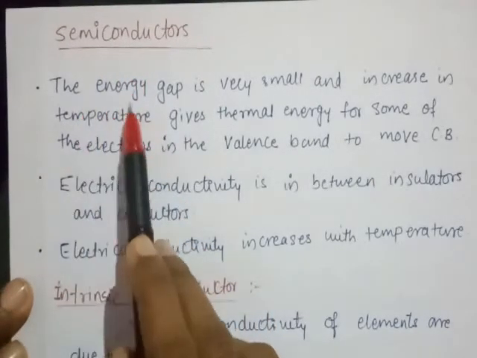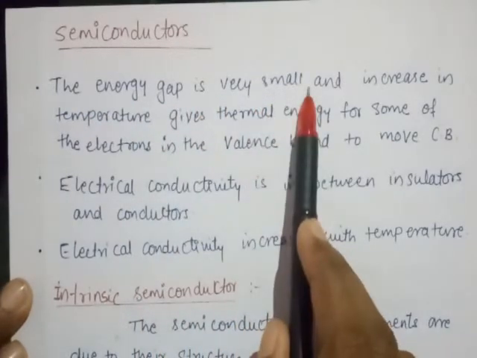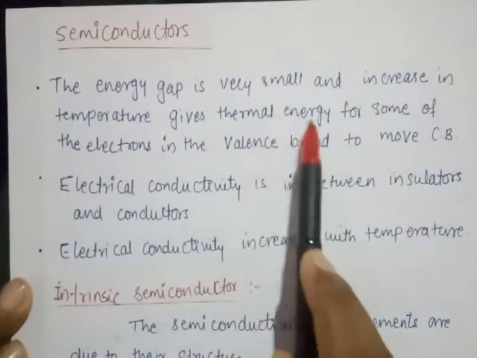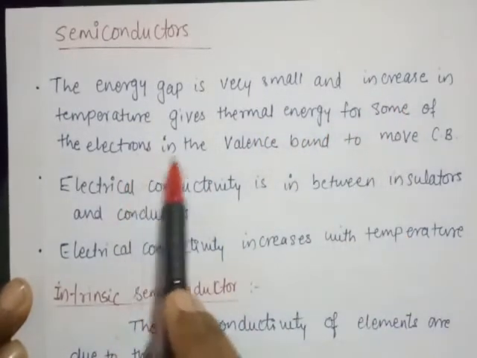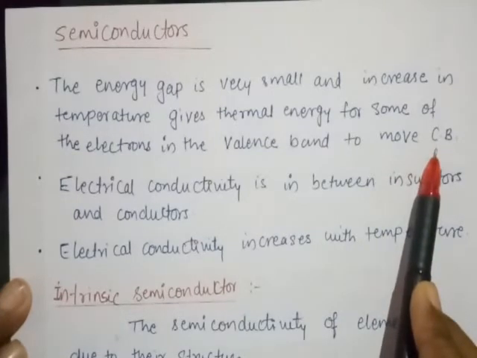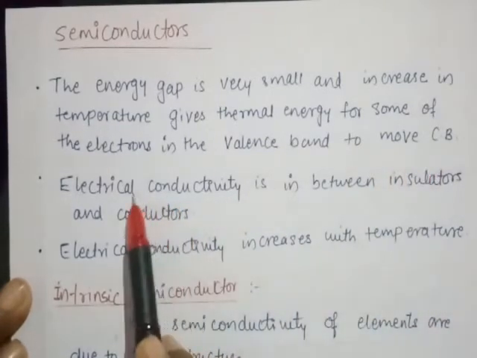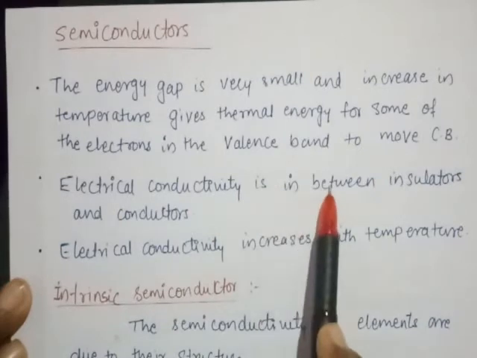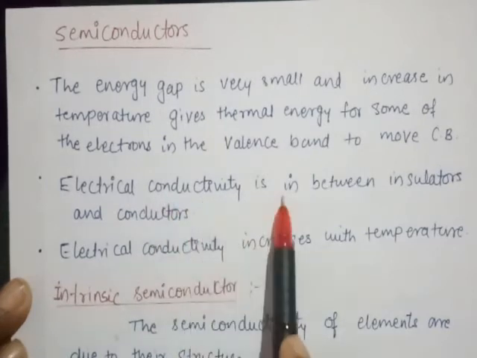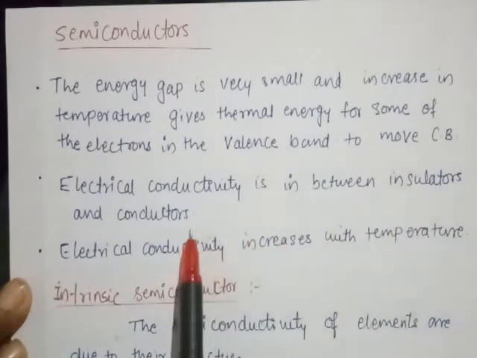We know that the energy gap is very small in a semiconductor, and when we increase the temperature, it gives thermal energy for some of the electrons in the valence band to move to the conduction band, and it becomes a conductor. So in a semiconductor, the electrical conductivity lies between insulators and conductors.